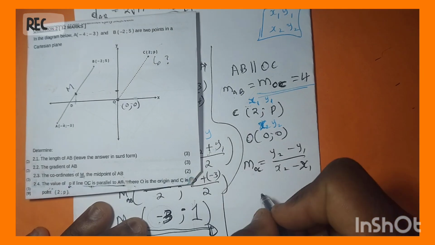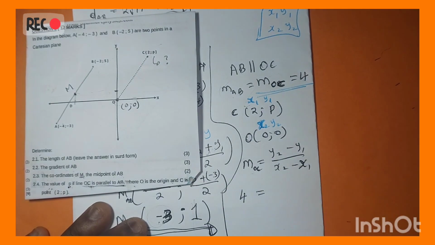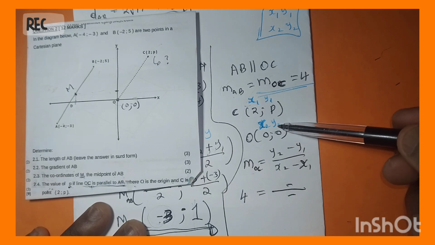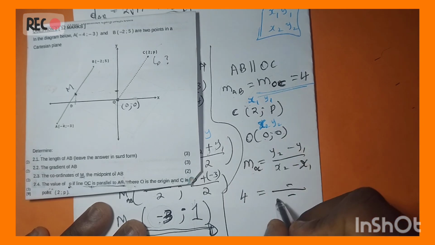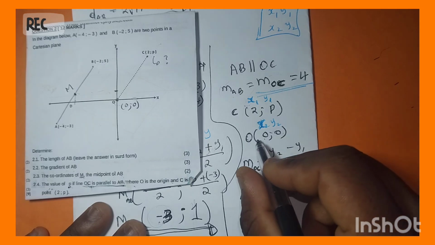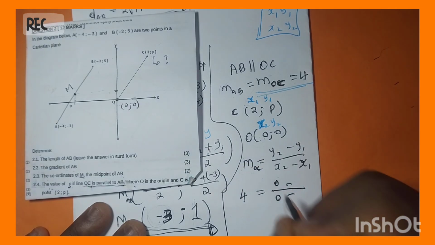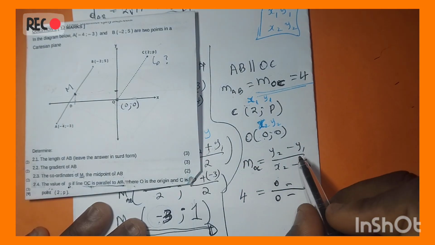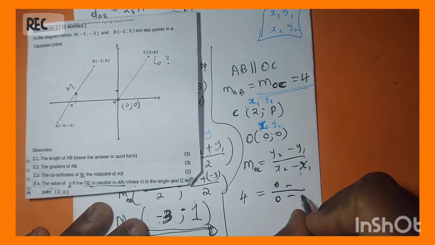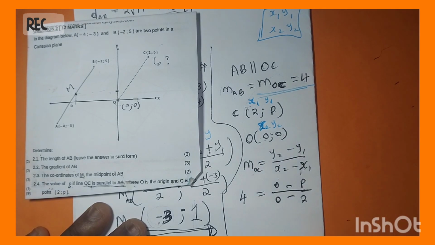When I substitute, I know this gradient is 4. Then this point 2 is X and Y, and point 1 is X and Y there. Do you see? So now I've got P as my unknown value.